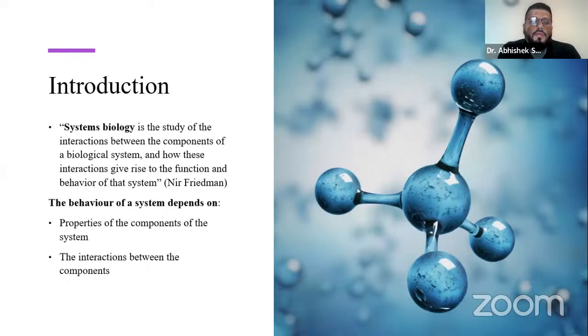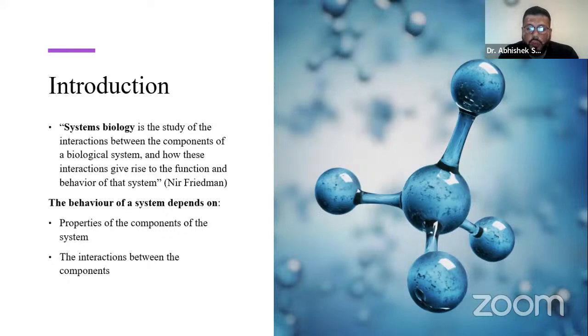The behavior of a system depends on two things, right? One is the properties of the components of the system, and the other is the interactions between those components.